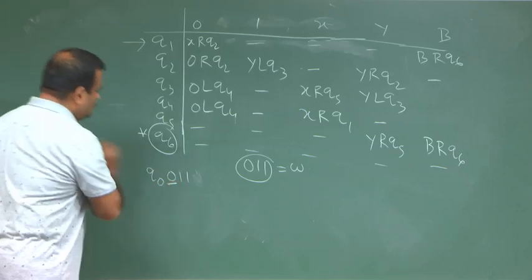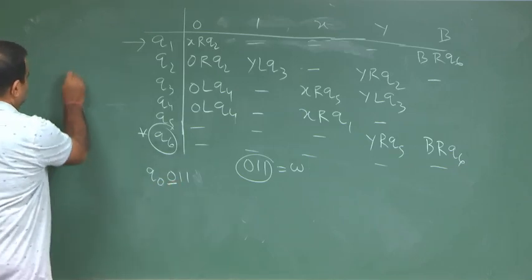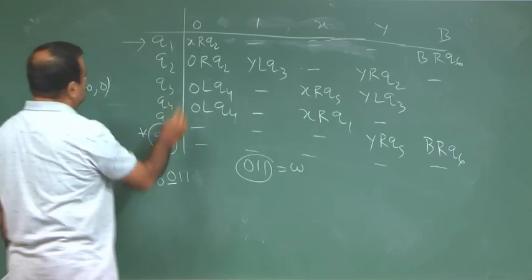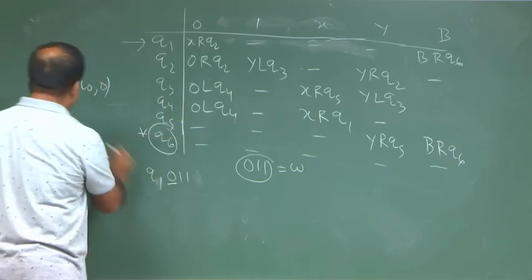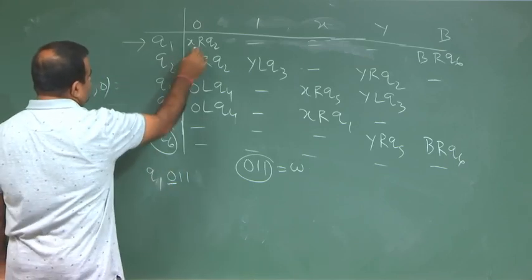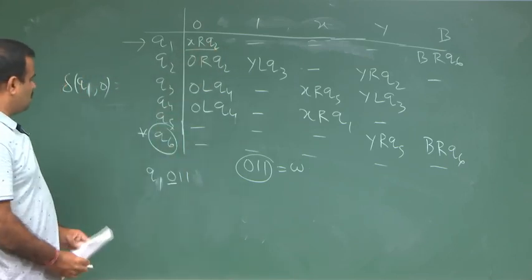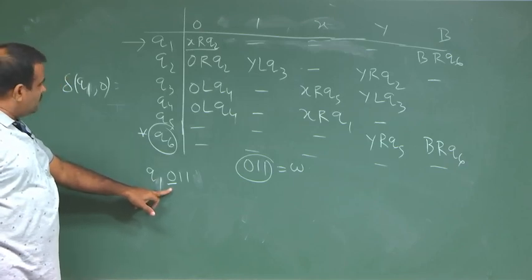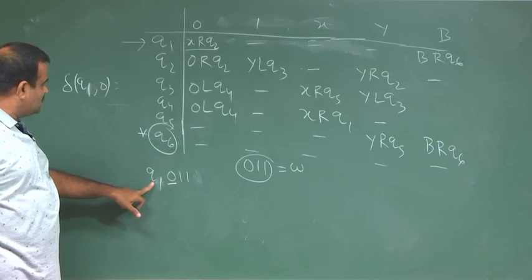Now, we read 0, so we check delta of q1 0. This means we are replacing the symbol by x and going right, and the new state is q2.